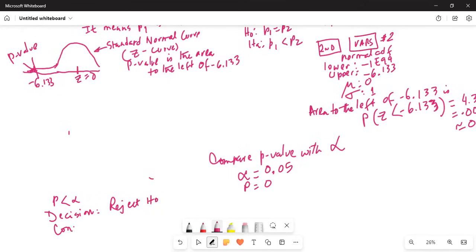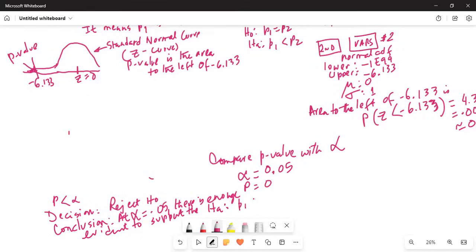The conclusion is, at alpha equal to 0.05, there is enough evidence to support the alternate hypothesis, which states p1 is less than p2.